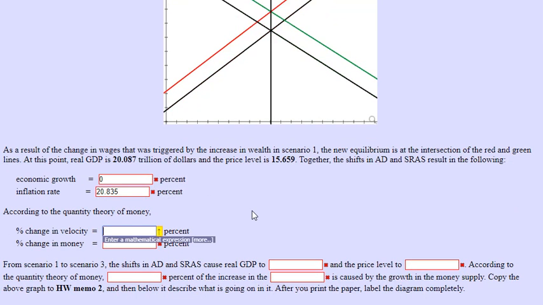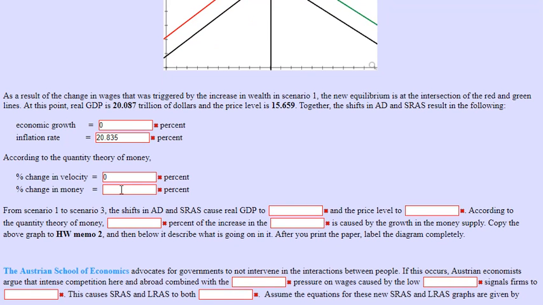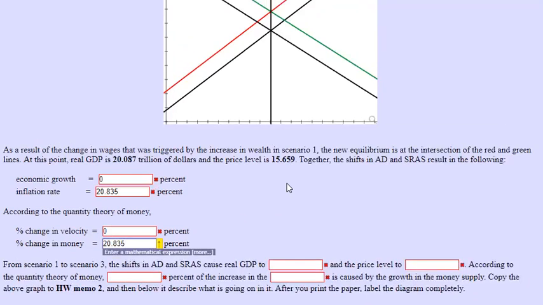Now, again, according to the economic theory of money, percent change in velocity is 0 in the classical model. And so the inflation is associated with an equal amount of monetary inflation. So they're the same over the long run.